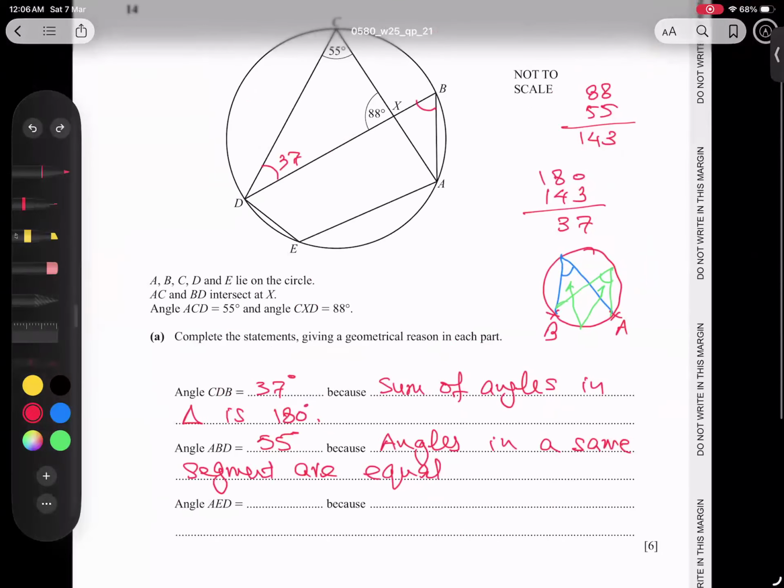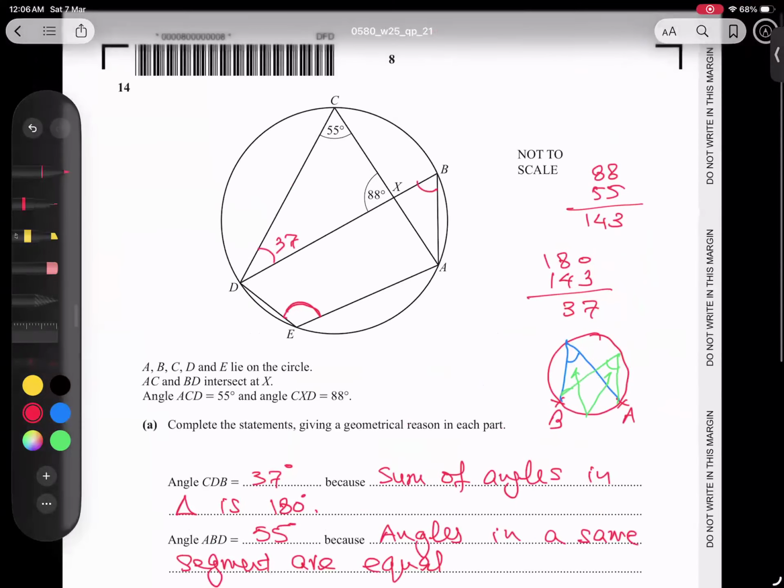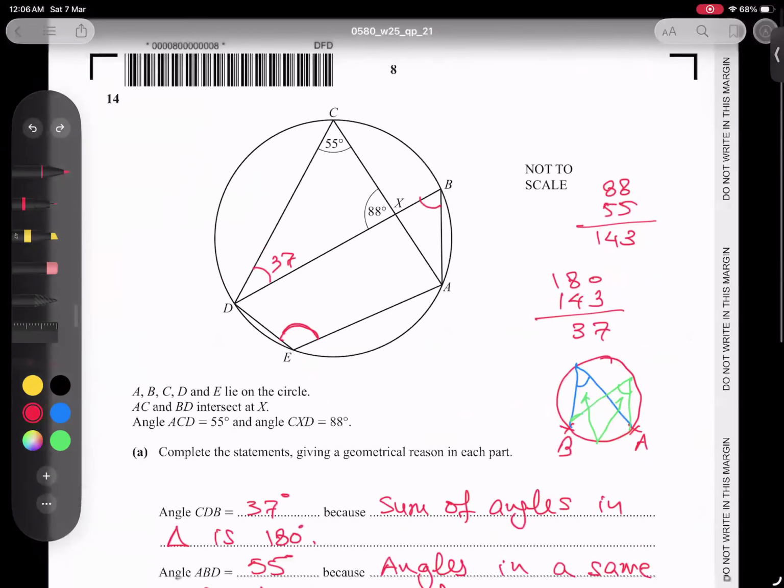Last part, he's asking AED. Where is AED? You can see carefully, he talks about this angle. Now, if you look carefully, students, this 1, 2, 3, 4 is a cyclic quadrilateral and the sum of these two angles is 180.